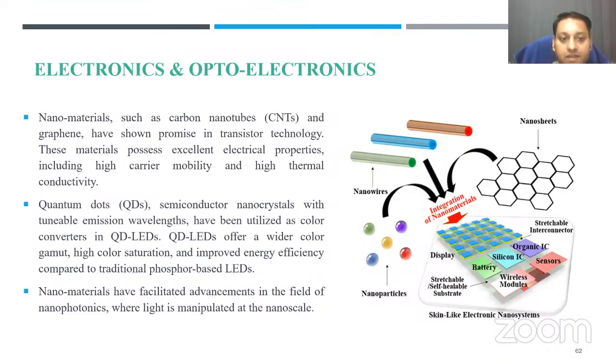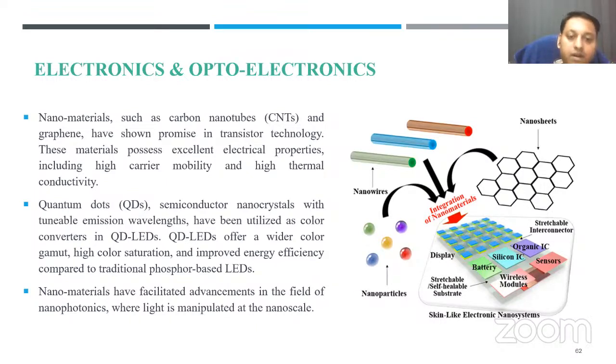Nanomaterials such as graphene and carbon nanotubes have shown promise in transistor technology, as I said earlier, because they have excellent conducting property as well as semiconducting property. So they can be used both as a conductor as well as a semiconductor. That's why they find use in several electrical applications, transistor applications.